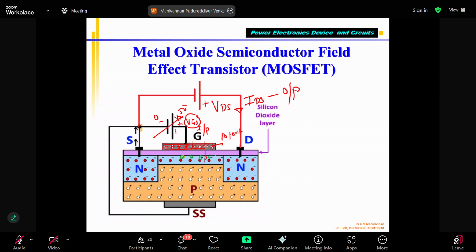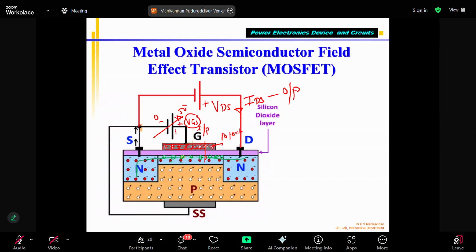An equal number of electrons. What does the N material have? It has electrons. So those electrons, which were spread randomly, will be attracted and come and deposit near the insulating layer. Now if electrons are there, these electrons can move from here to here.